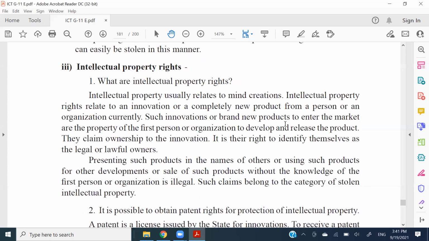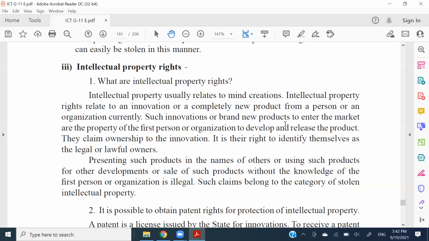So if you draw a particular picture and post it on a website or on the internet, that is owned by you, because you have drawn it, you have created it, right? But there are many people who use things knowingly or unknowingly, and present them as their own work, or redistribute or print those things, right?